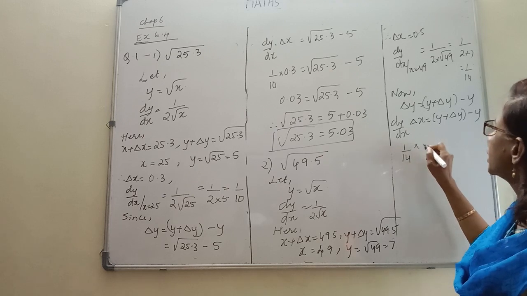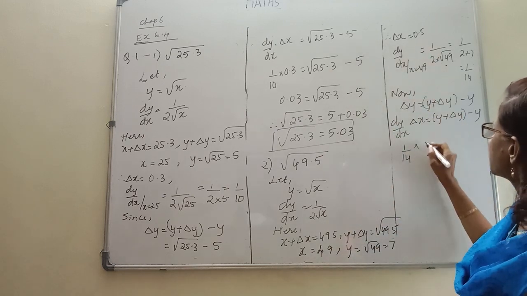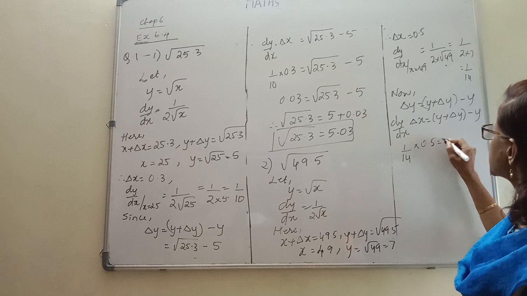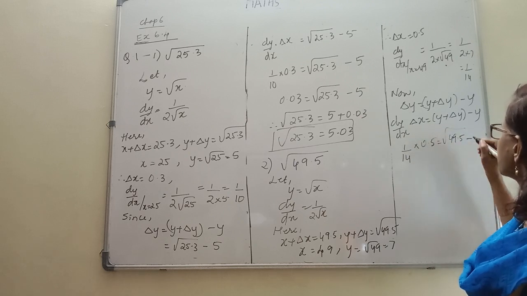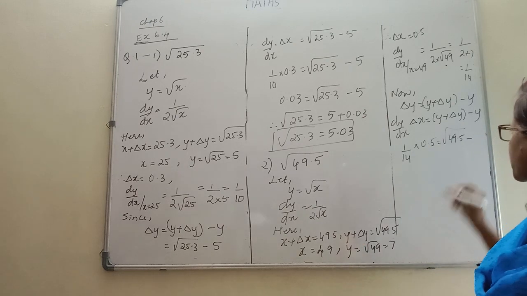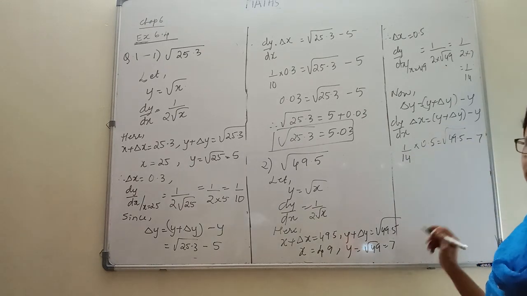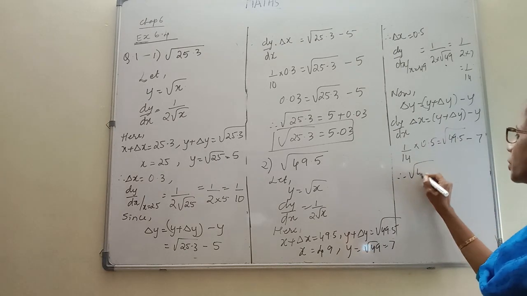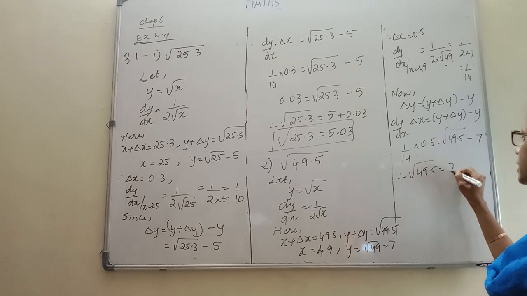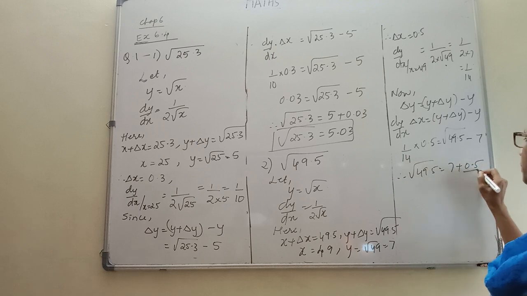Delta x we have calculated 0.5. Y plus delta y is root of 49.5, and y we have calculated, it is 7. Now let the 7 come on the other side. Root of 49.5 is 7 plus 0.5 by 14.